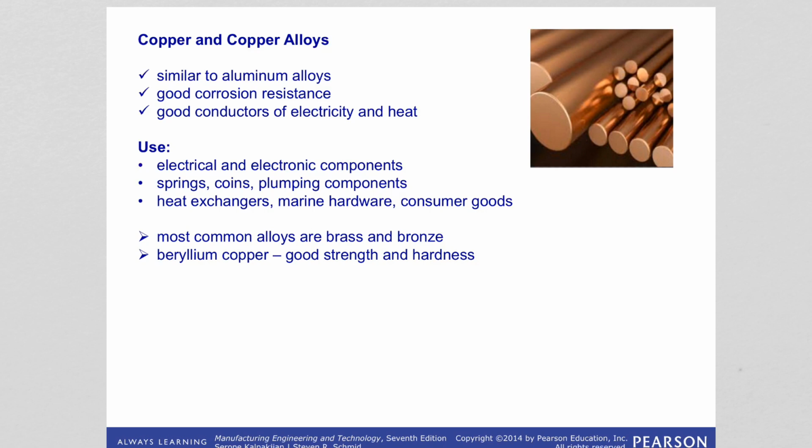The most common copper alloys we know are brass and bronze. And beryllium copper is also famous for its good strength and hardness. Brass, you guys know, is an alloy of copper and zinc. And bronze is an alloy of copper and tin, right?